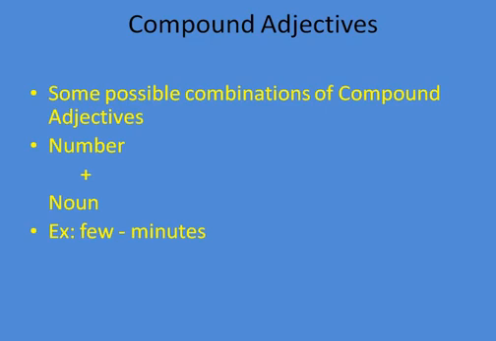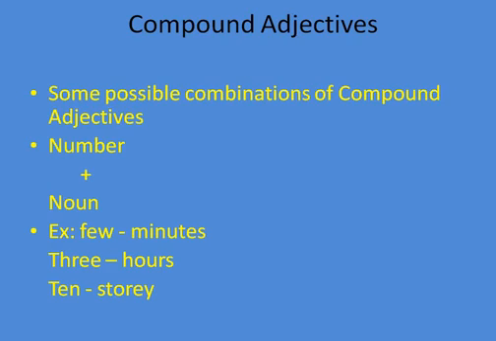Few is the word that describes the number, and minutes is the noun. When these two words are used together, it gives us a new compound adjective, that is, few minutes. Let's see another example: 3 hours. Let's see one example that is taken from your textbook itself.